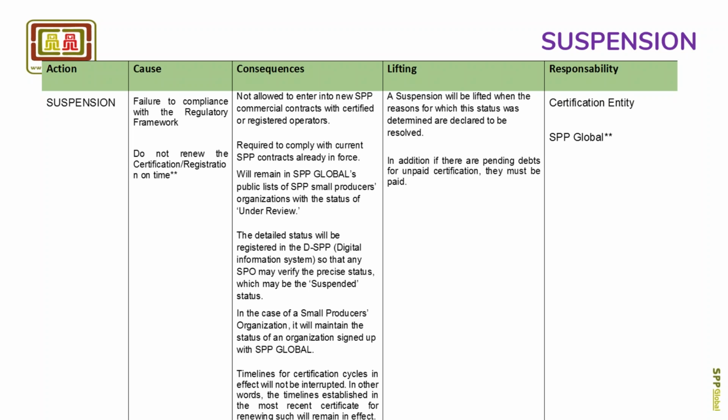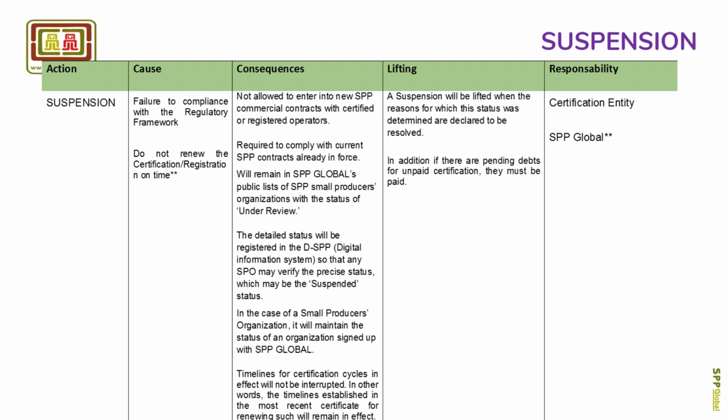The detailed status will be registered in the SPP digital system so that any SPO or company may verify the precise status, which may be the suspended status.